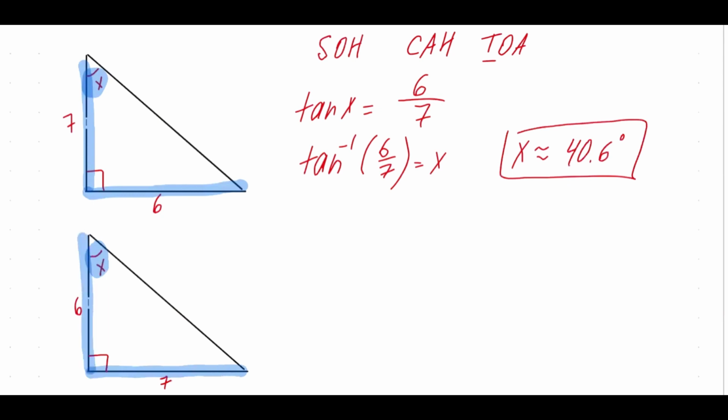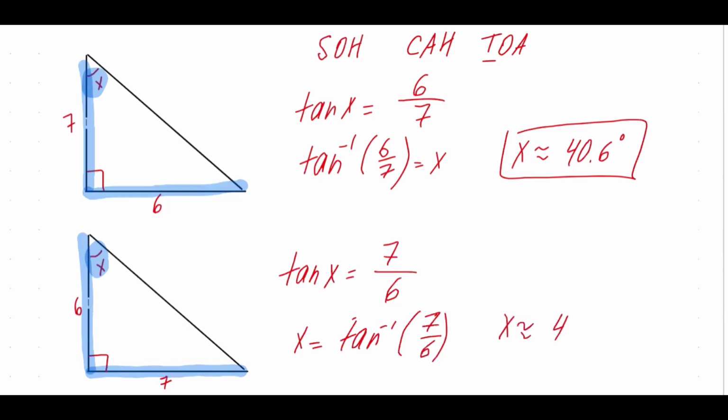Tangent of angle x equals opposite over adjacent. To find x, we need to use the inverse operation of tangent, and that should be around 49.4. As you can see, you will get a different number, so it's really important to use the correct order and stick with the definition.